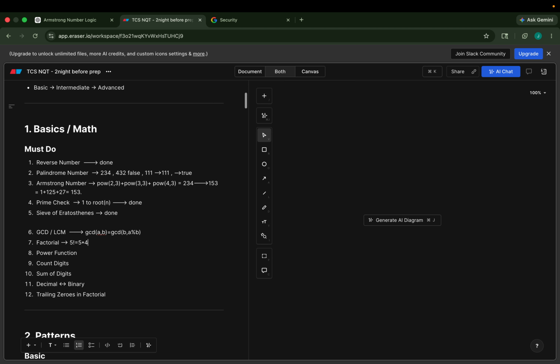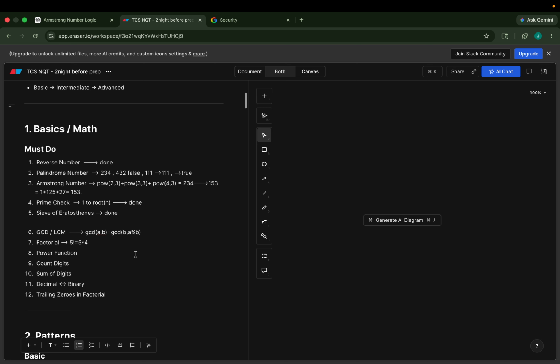Do I need to run a while loop? While n, that is while 5, result is result into n, with the initial result of 1, and then we decrease n, which is n minus minus, making it 4. So that is easy.